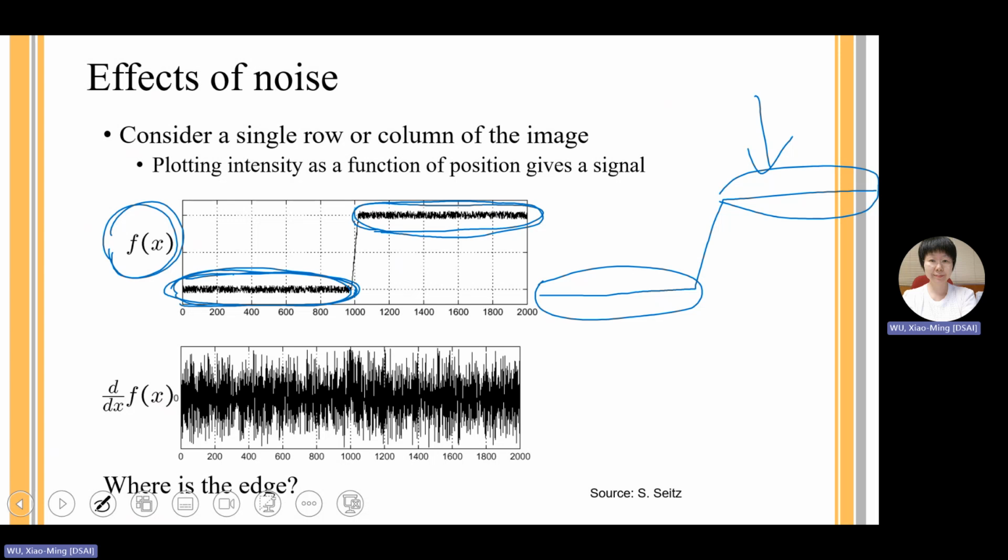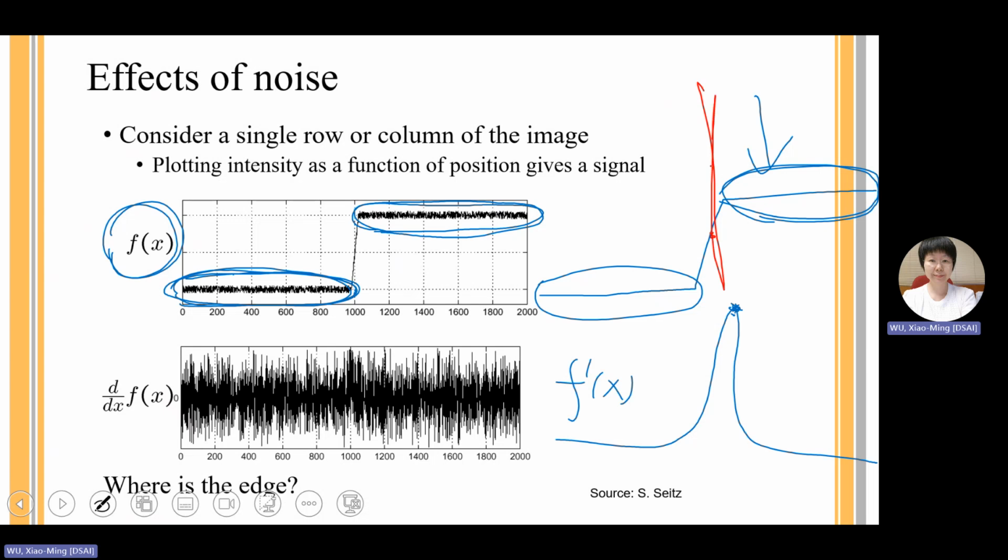Initially, with a smooth function, the derivative will be like this, and the peak value of the derivative corresponds to the edge. There's an edge here, and this peak just corresponds to that edge.